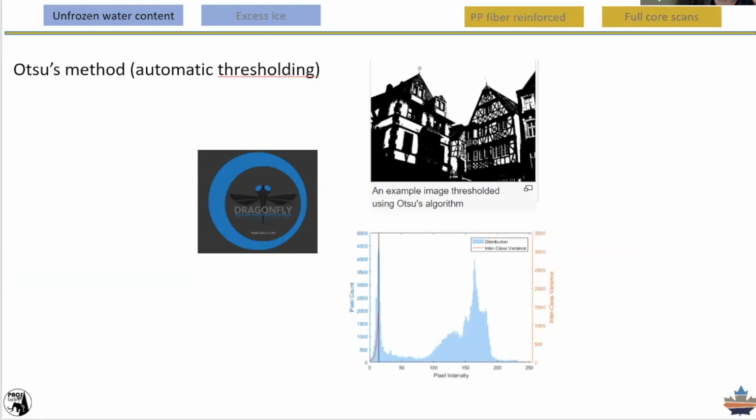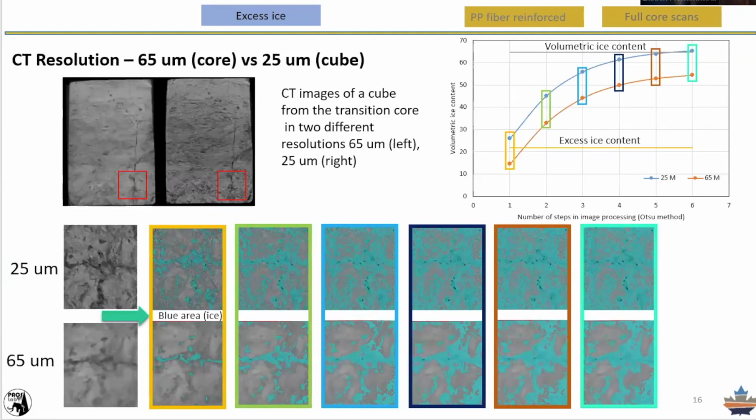No worries. Mahya, following the question on slide 16, I have a question. Yep. So my question is, how did you get the volumetric ice content?